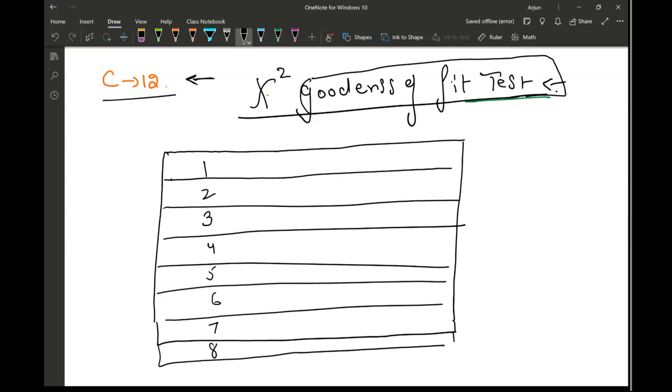Now, if I were to ask you what is the probability of a swimmer swimming the race in lane one, what is the probability of he or she winning? You're going to say 1/8. Same way for each and every lane, the probability is 1/8, because there are 8 lanes, so every lane has equal probability.